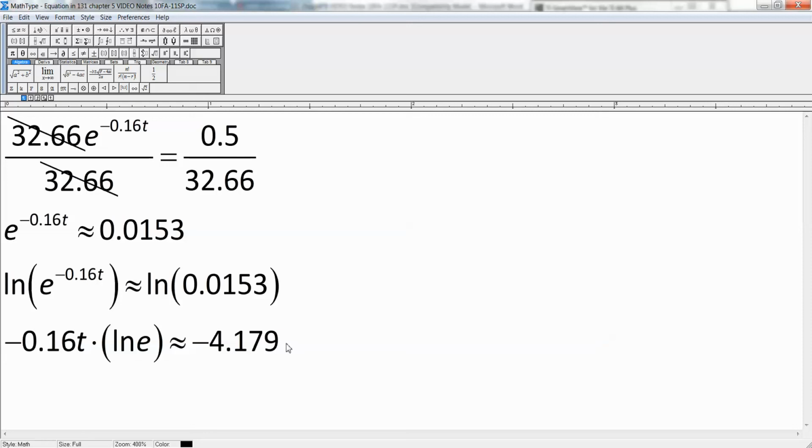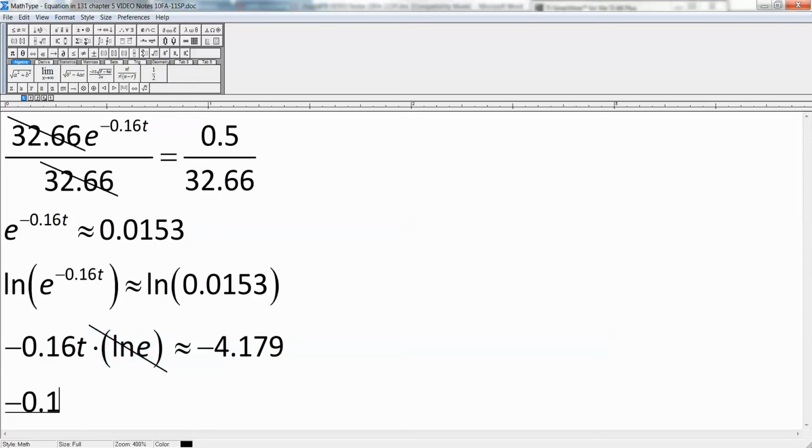All right. So then remember that the natural log of e is just 1, so it's gone. So negative 0.16t is about negative 4.179. And then you want to divide both sides by negative 0.16.